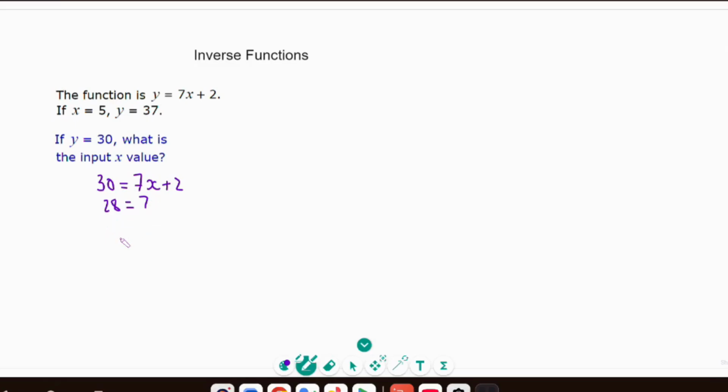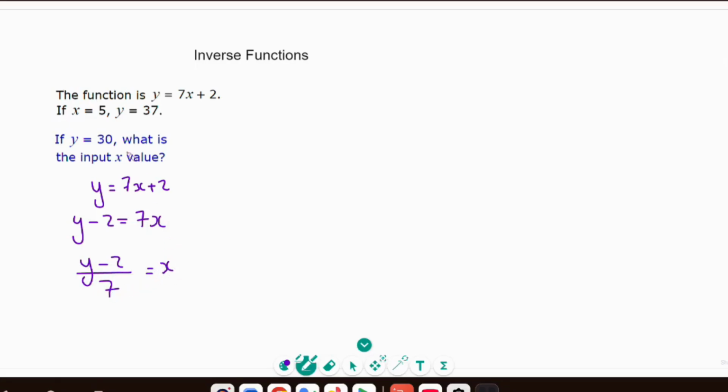Now, let me take the equation y equals 7x plus 2. You can almost think of x as the input and y as the output. We know the output, we want to work out the input. I'm just going to make x a subject here by taking 2 off both sides, dividing both sides by 7.